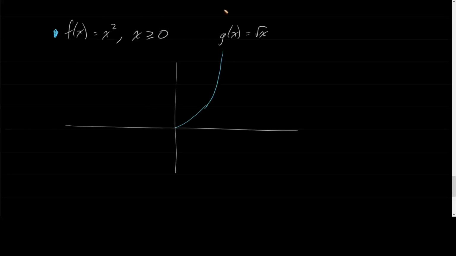And then g of x, which I'll do in yellow, ends up being something like this. All right. Notice here that these are actually symmetrical about this line y equals x, which they should be, right? Because they would be inverses of each other. But we have to restrict the domain of f in order for these to actually be inverses of each other.